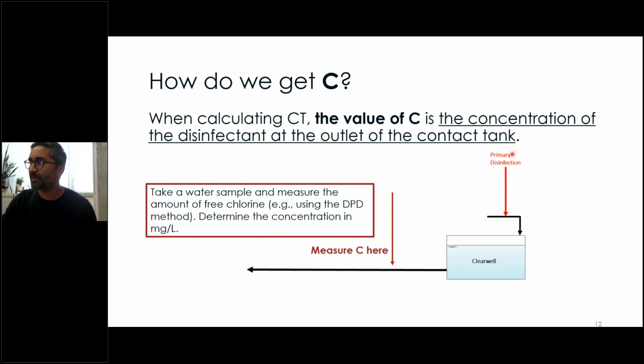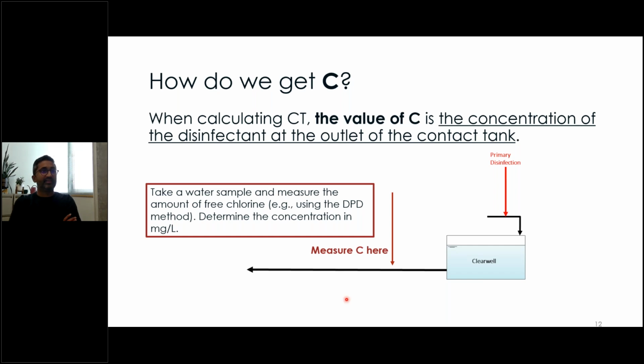So even though you might be adding chlorine ahead of that, and your contact tank is where that chlorine is interacting with the microorganisms in the water and having a chance to disinfect, you want to take a sample to measure C at the outlet of your contact basin before it then goes off and is distributed to go to people's homes.